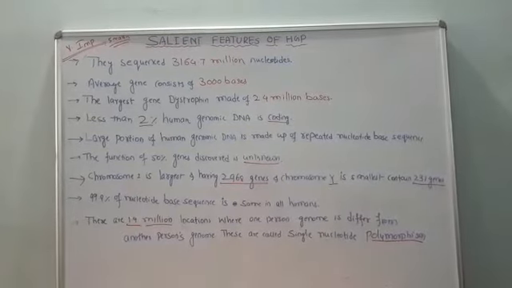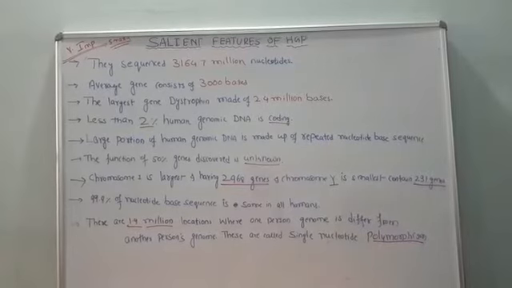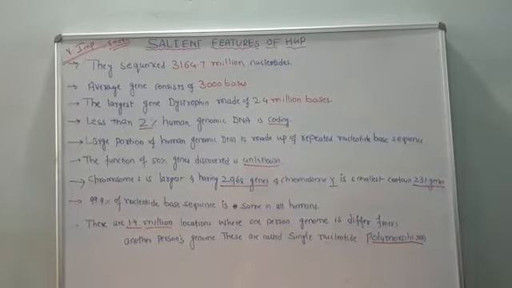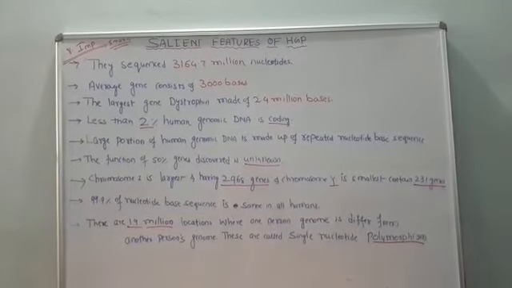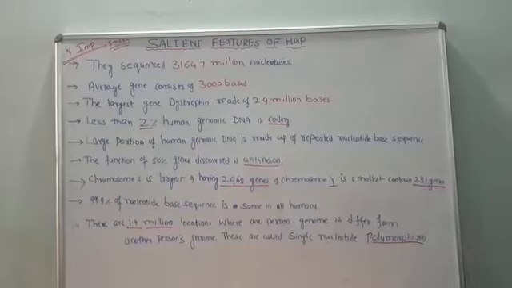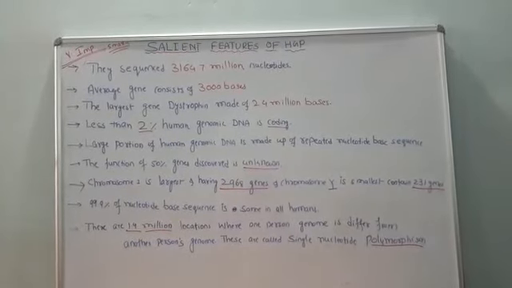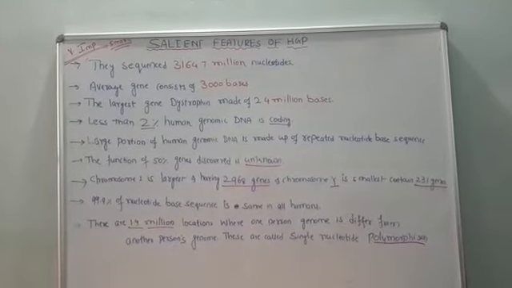The second salient feature is what? The average gene consists of 3000 bases. An average gene can accommodate about 3000 nitrogen bases, and among them the largest gene is dystrophin.